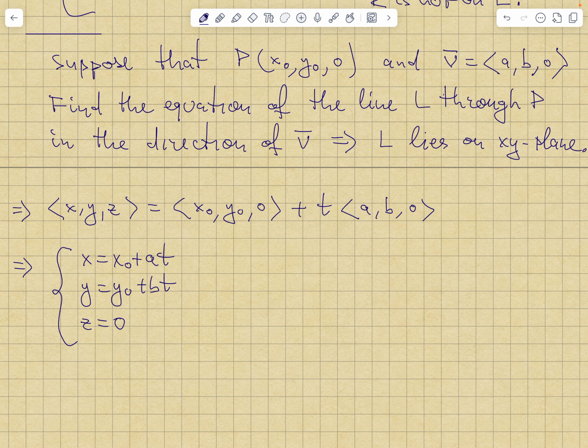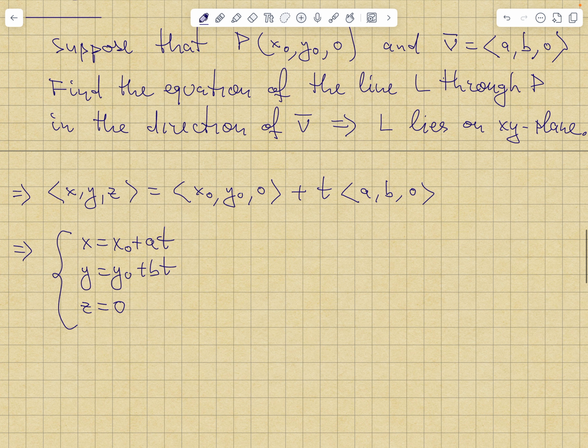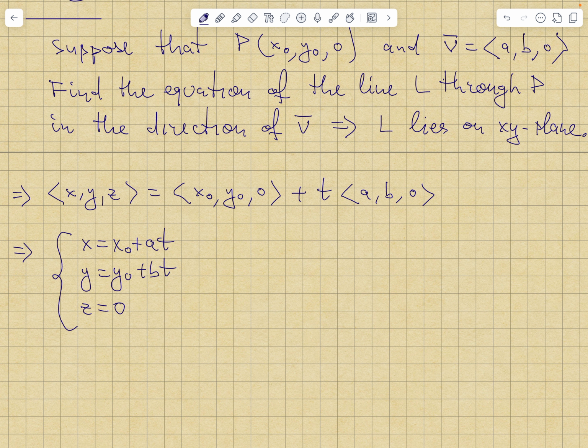Well, but we're very well aware of how to find the equations of a line on the xy plane. So in this case, I know the point P, and I know V. V gives me the direction of a line, so the direction gives me the slope of the line.